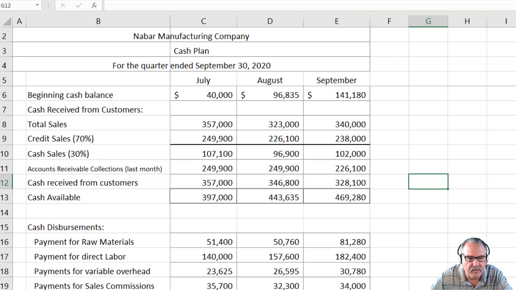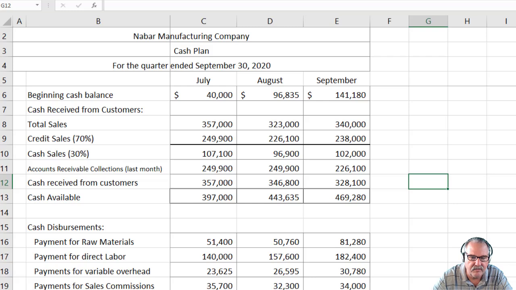So we start the month with $40,000. That comes from the balance sheet that's in your book. The ending balance in June was the beginning balance in July. And then when we're done with July, that ending balance in July will become the beginning balance in August.